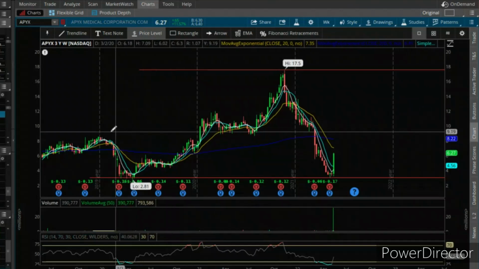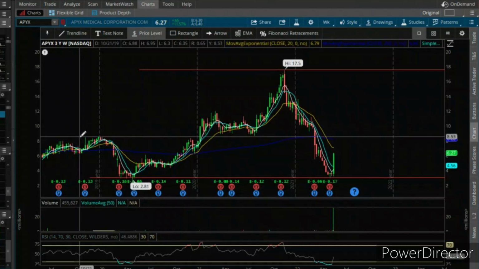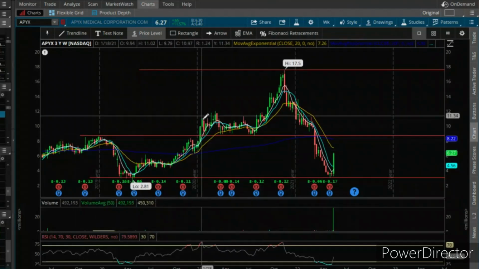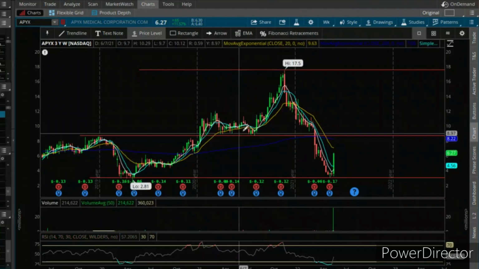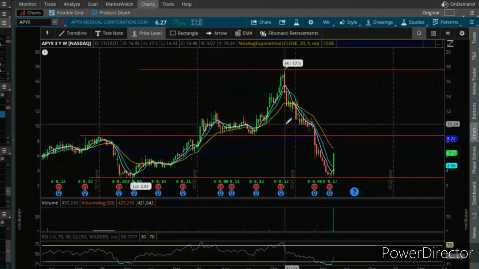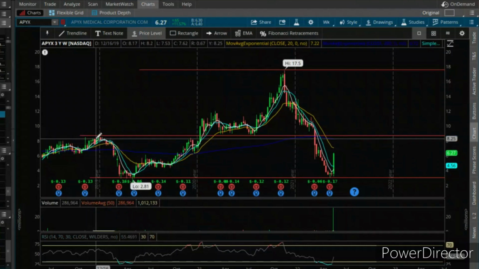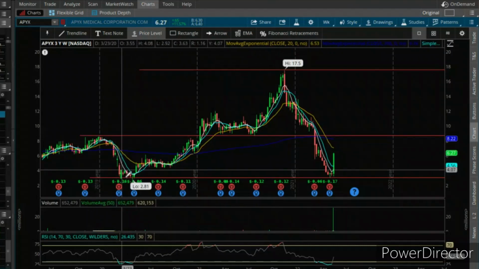I would say put it here because you get resistance here, and then turns into support here. So good resistance here, then support here.